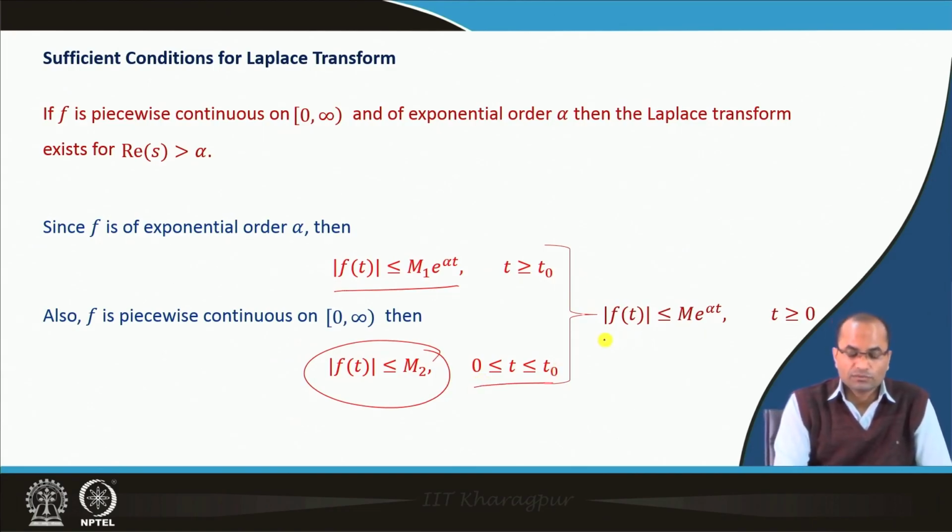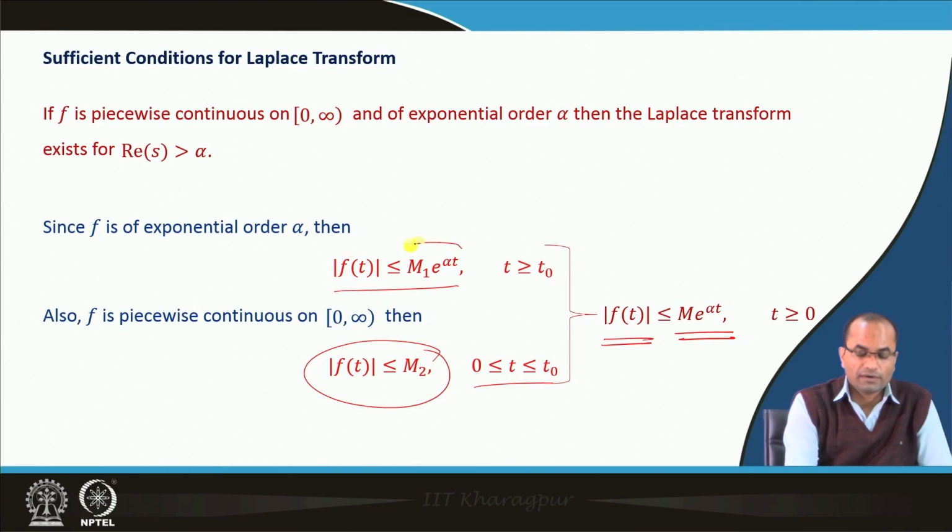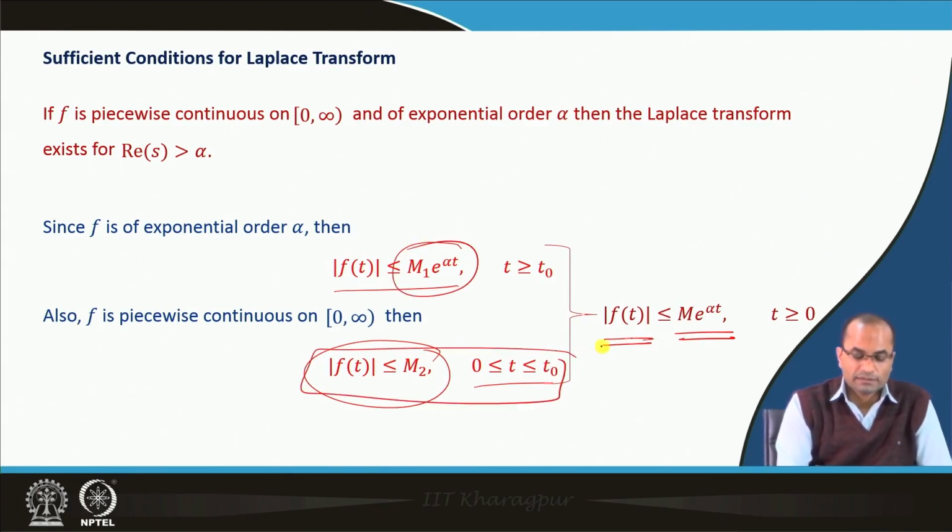So, combining the two, we get that the absolute value of this f t is bounded by m e power alpha t, because for 0 to t naught it is anyway a bounded function. So, that is not the concern, but for t greater than t naught it is bounded by the exponential function.